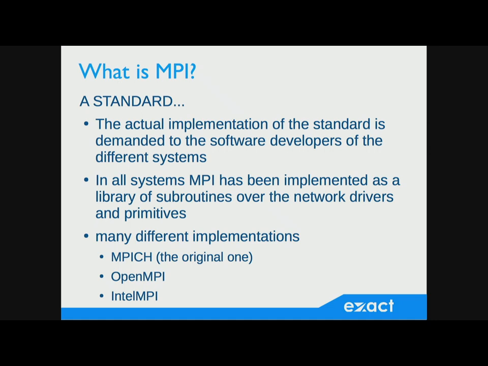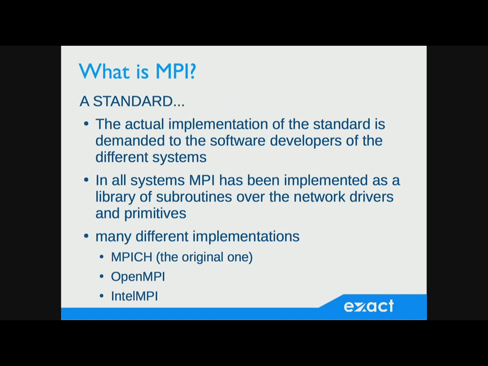The first one is MPICH, which is the original one. MPI was started at Argonne National Lab by Bill Gropp in '92, and they defined and published the standard, but they also published the first implementation of it, MPICH. In the 90s, MPICH was the standard implementation.